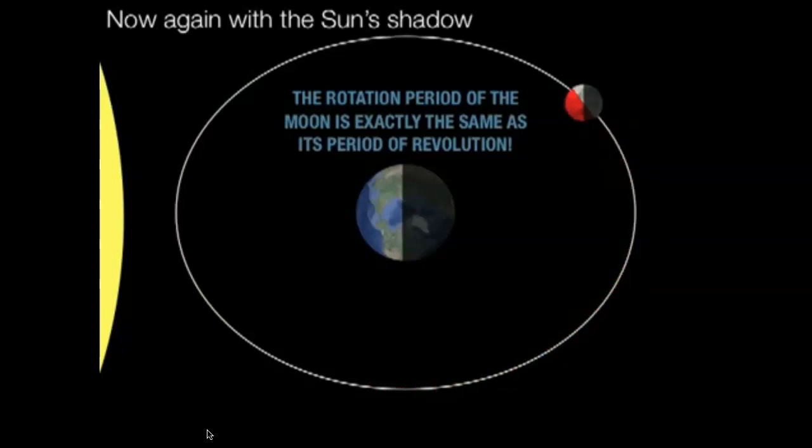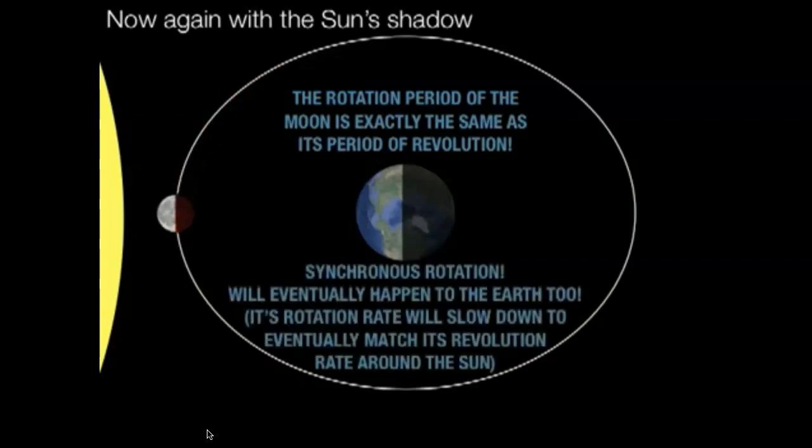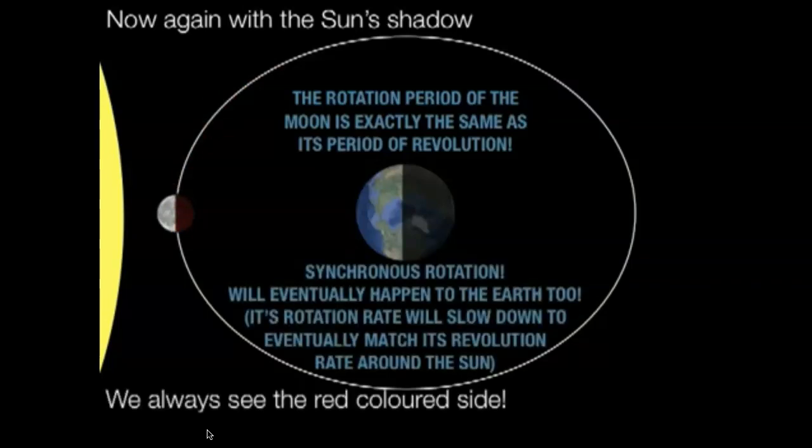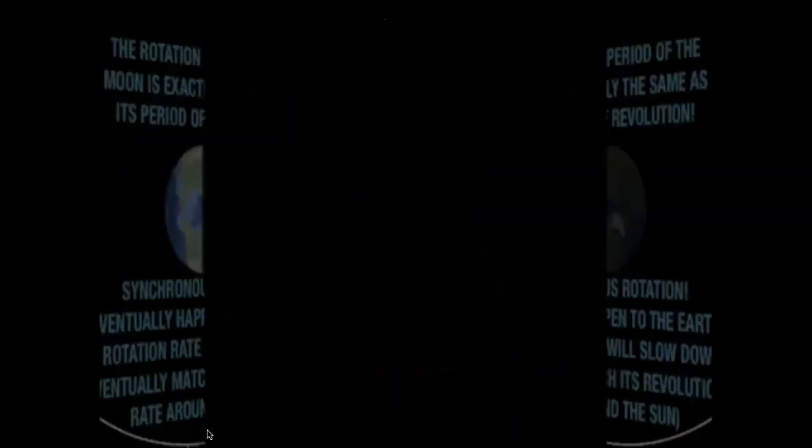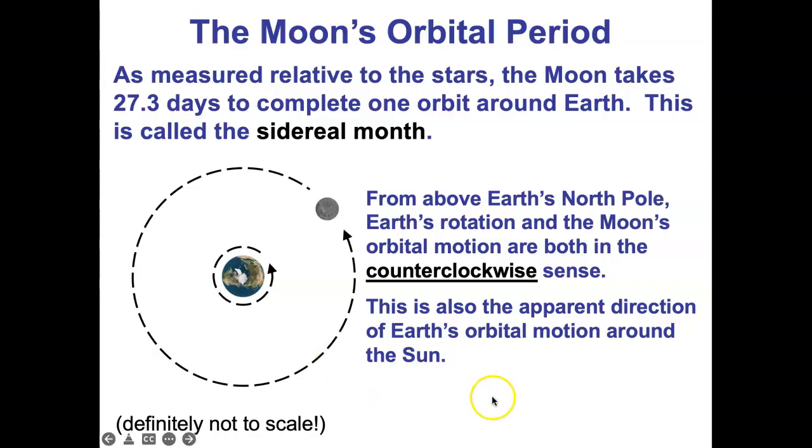When I say period, what I mean is the time for it to make one rotation and the time for it to make one revolution around the Earth are the same, such that the moon is constantly rotating so that one half of the moon is always angled toward the Earth and the other half always angled away from the Earth. That's how you can explain why we always see the same face of the moon.